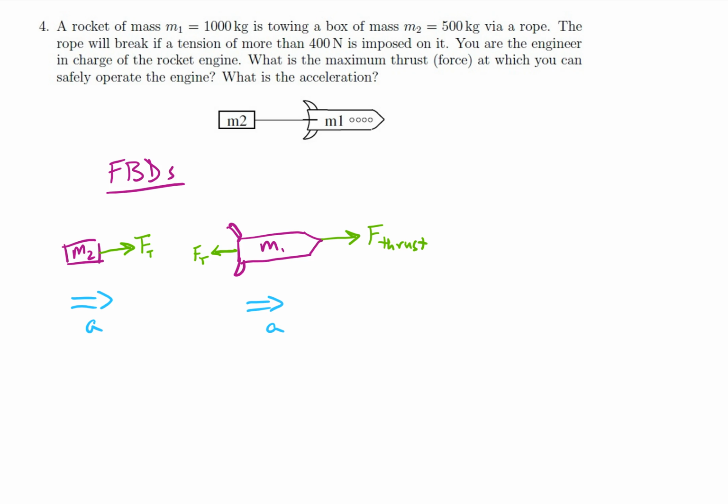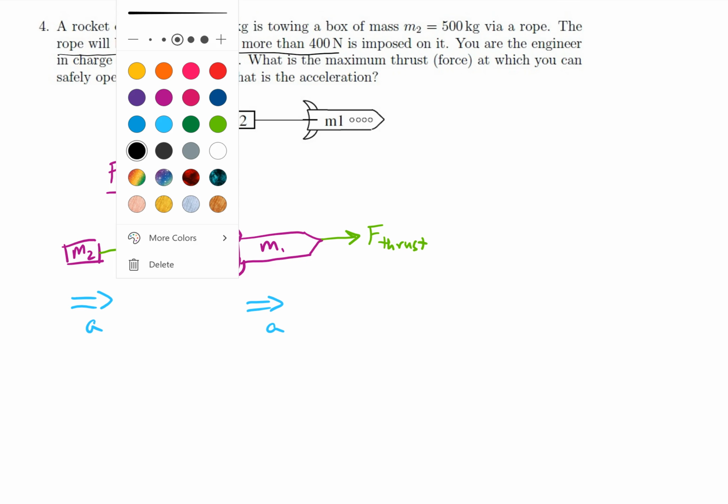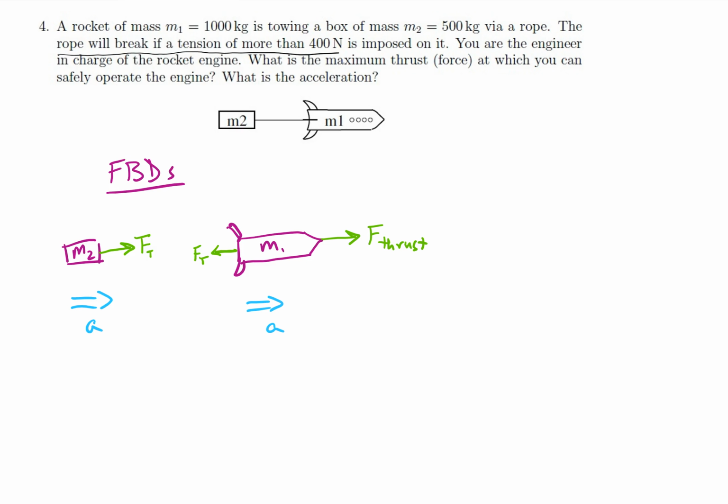Okay, so how do we decide what to do next? We're told that the rope will break if a tension of more than 400 newtons is imposed on it. So let's treat the simpler object first, which is the box, and let's see what happens if we give the box 400 newtons of tension in the rope. For the box, F equals ma.